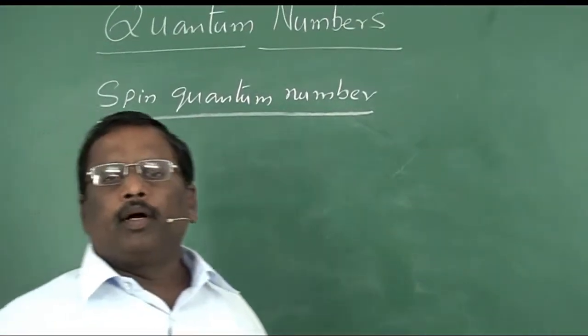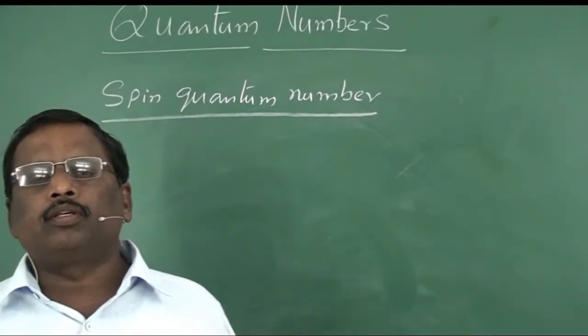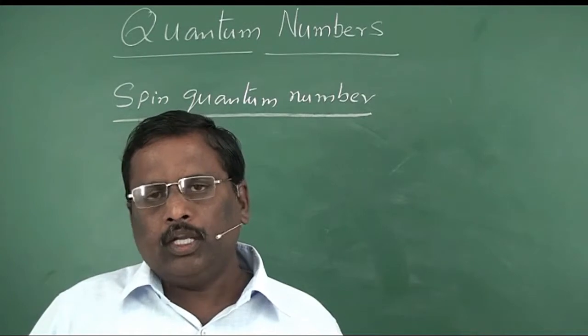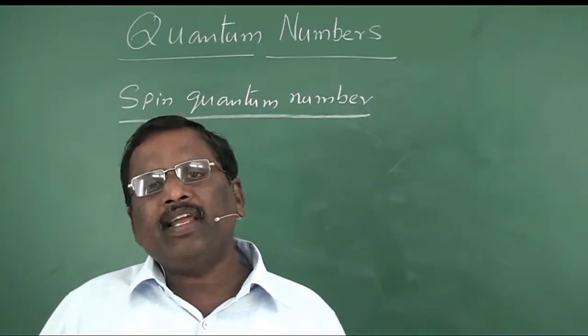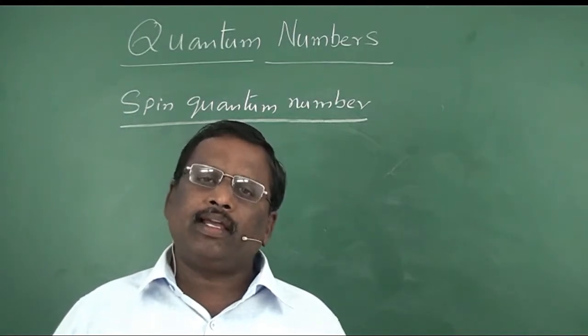This quantum number was proposed by Uhlenbeck and Goudsmit to explain the spinning direction of the electron in an atom.